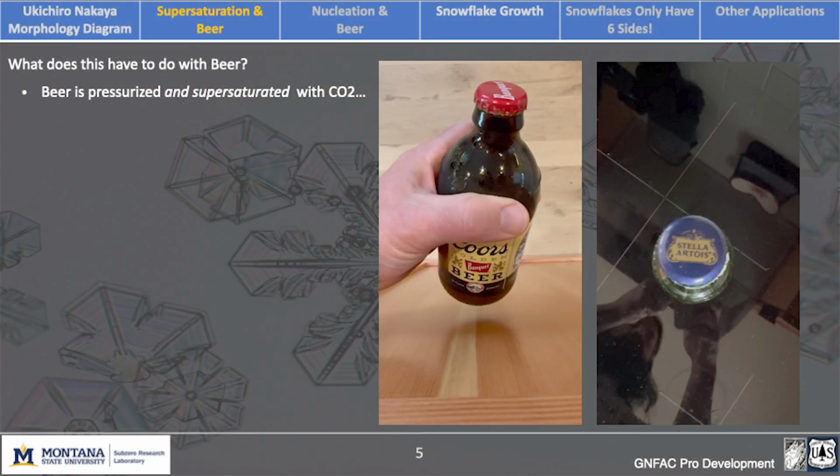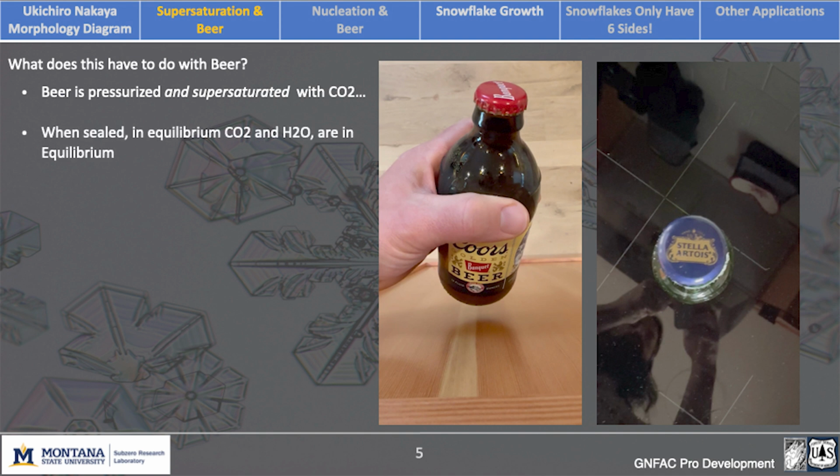All right, so now that we've got some basics behind cloud science and formation, think about beer. It's pressurized and supersaturated with carbon dioxide, with CO2, right? That's what makes it bubbly.